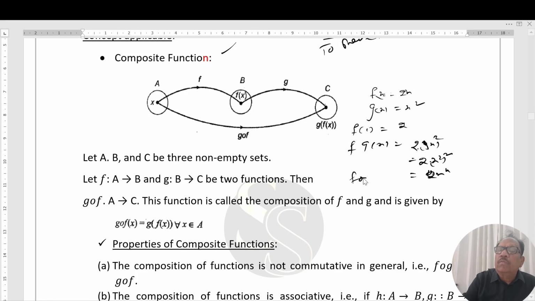This is f o g. Simple. In the function, replace x by another function; that is the composition of functions. This is very basic.